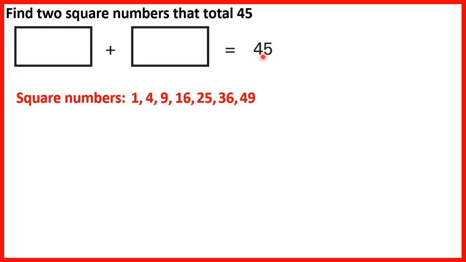But we need numbers that total 45. So we can have 36 and 9, and that gives an answer of 45. And both 36 and 9 are square numbers because they're numbers we get from multiplying a number by itself.